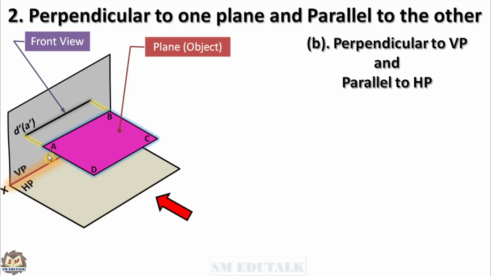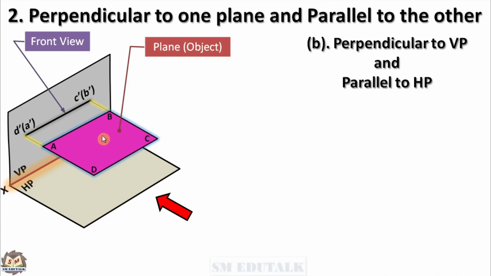That's why the invisible point capital A is written as small a dash within bracket. Similarly, the name of the line's right end should be written as C dash bracket b dash, because here C is a visible point and B is an invisible point.